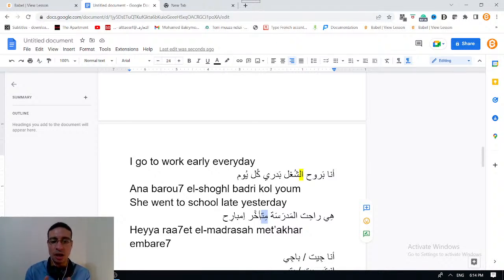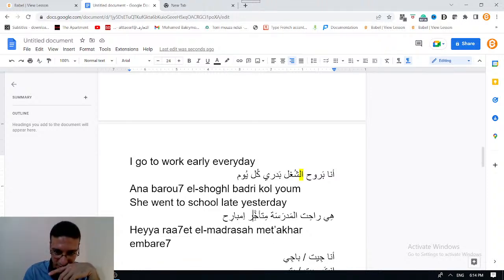So it's متأخر. If this hamza doesn't exist above the alif, you will read it like a long vowel. But there is a hamza, so we pronounce it متأخر.